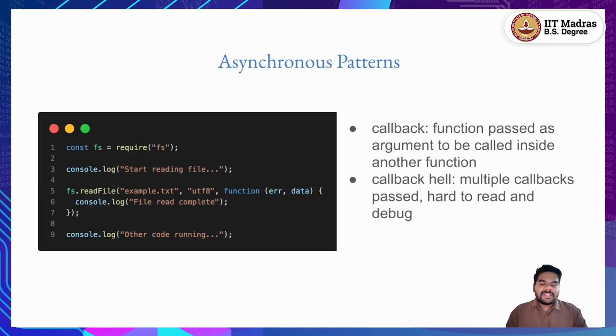Traditionally, we had callbacks. So this is an example of a callback. This fs is reading a file, which might take a little bit of time. When we are executing a function, we pass a callback function to that. That means I will pass you this function, and whenever the operation inside the function completes, execute my callback function. So here you can see we have added this function with error and data, and this will execute after this particular fs.readFile function completes.